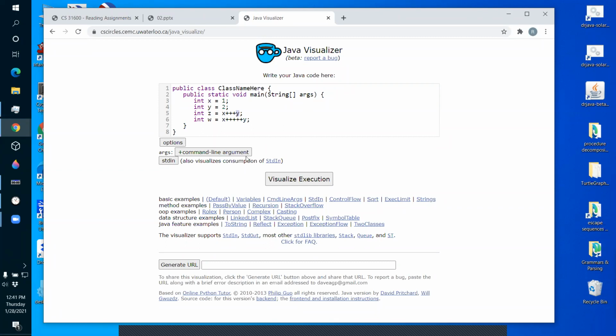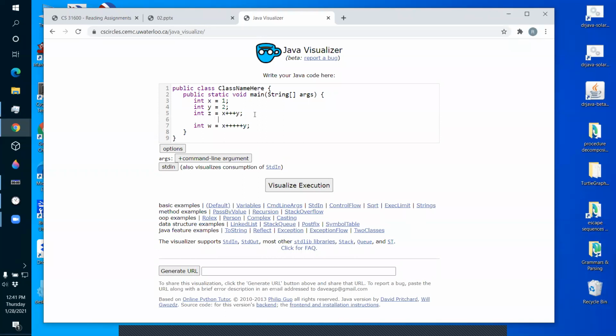Now here's what this has got to do with tokenization, which is breaking things down into the units of a programming language. There's no unit in Java that goes plus plus plus.